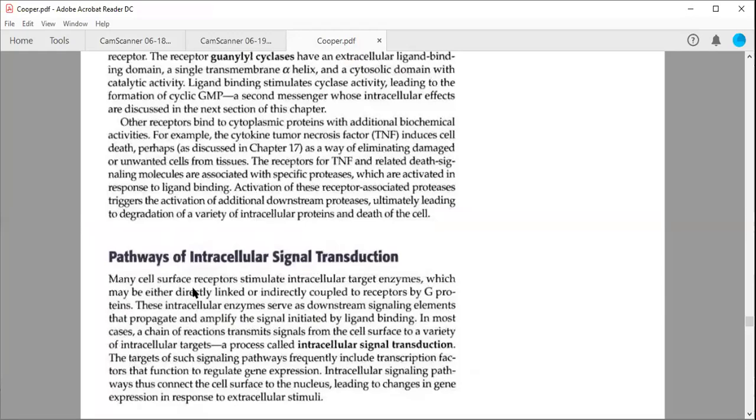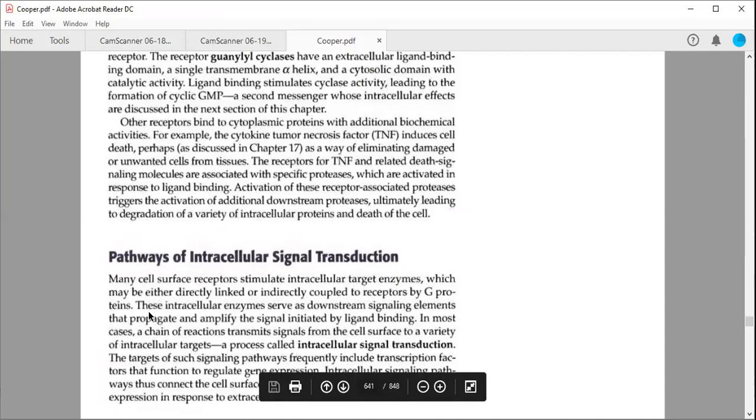For now, you can understand how GPCRs are present on the cell surface and how they interact with different signal molecules, for example the hormone epinephrine, to stimulate intracellular target enzymes, which may be either directly linked to or indirectly coupled to the receptors by G proteins. These G proteins are important because they take part in the formation of cyclic AMP by the activation of the adenylyl cyclase enzyme. These intracellular enzymes serve as downstream signaling elements that propagate and amplify the signal initiated by ligand binding.